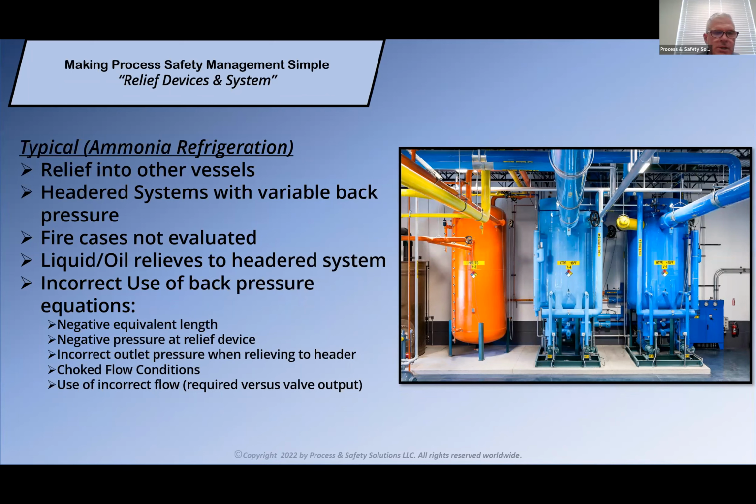Also in ammonia refrigeration, we see the incorrect use of the back pressure equations. If you look at IAR2, for example, there is an equation in there used for non-choke flow. And when you look at that equation, it's looking for equivalent length. That equation can only be used directly when the device is actually going to atmosphere.